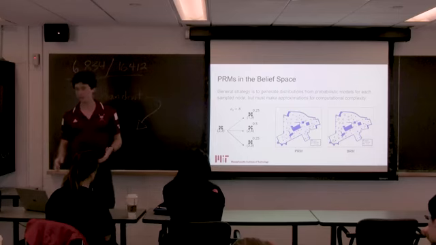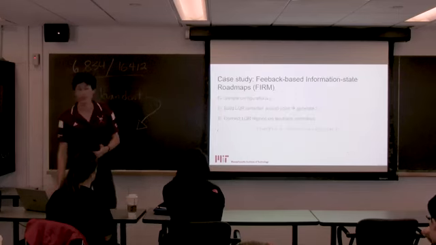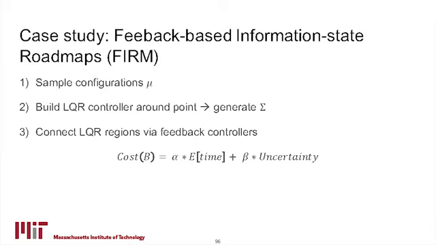All right, well, we're going to delve now into a specific case study, feedback-based information state roadmaps. FIRM. From now on, that's the only way I'm going to refer to it. The idea behind this is you're going to sample mean configurations from your configuration space. Then you want to build an LQR, a linear quadratic regulator controller, around these mean points, and that will generate what variance you can tolerate.